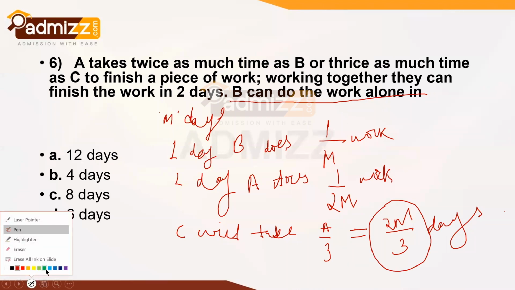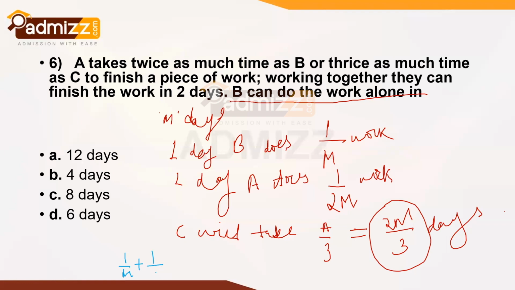Now, if they start working together, the amount of work that they'll finish in a day is 1 by M, which is the amount of work done by B, plus 1 by 2M, plus 3 by 2M, right? We are also given that they can complete the work totally in 2 days.